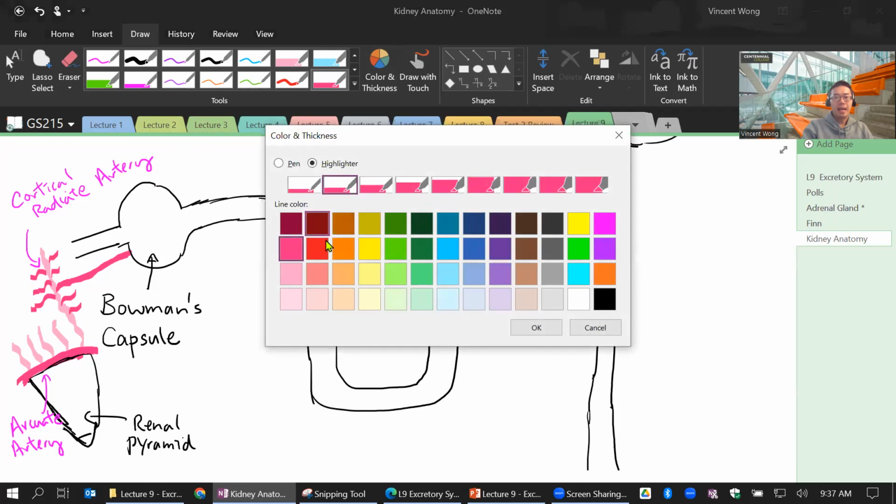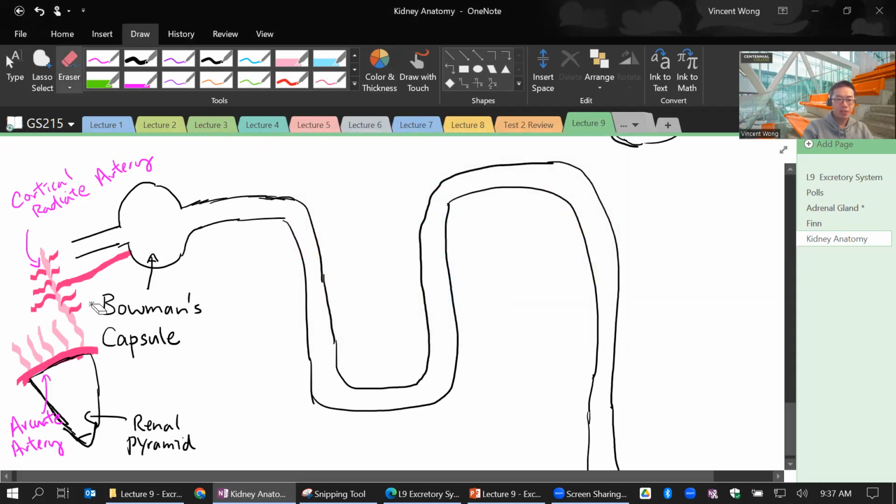Okay. And the name of this one is the afferent arteriole. Let me move the Bowman's capsule a little bit away here for a second. So this here is the afferent, AFF. We know afferent means it leads into something, right? So that's the afferent arteriole.